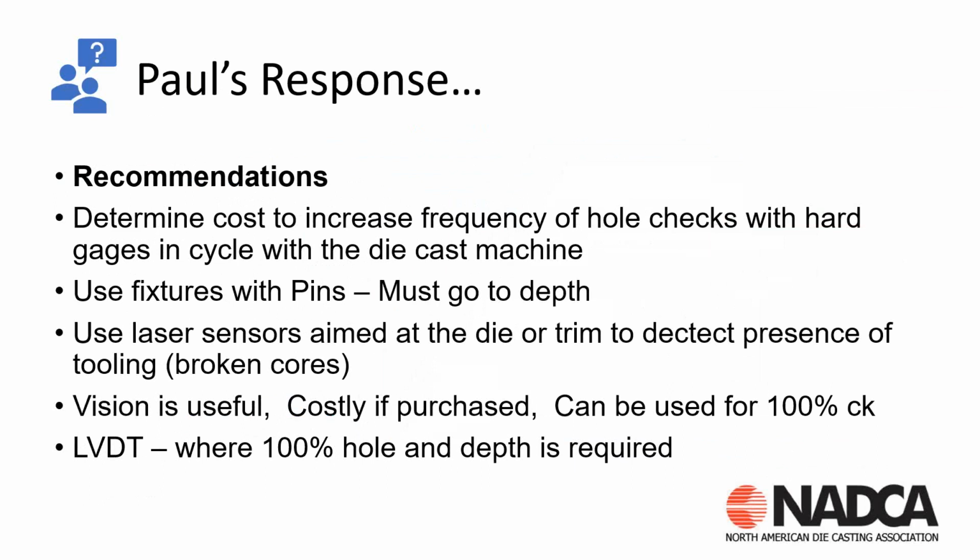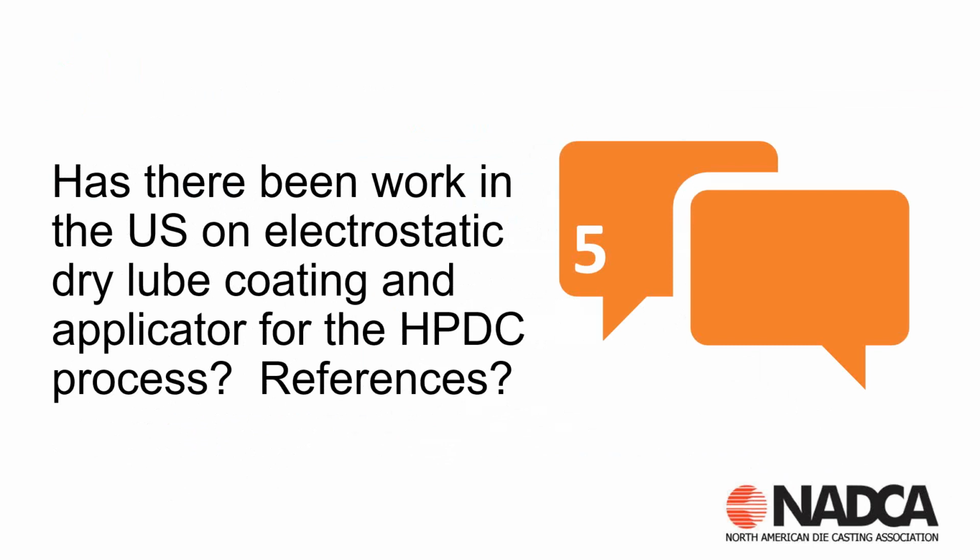You can use laser sensors aimed at the die or the trim die to detect the presence of broken cores. Vision systems can be used. They can be costly, but they can do a 100% check, and then LVDTs can also be used. So there are several ideas for checking for broken cores or the presence of broken cores.